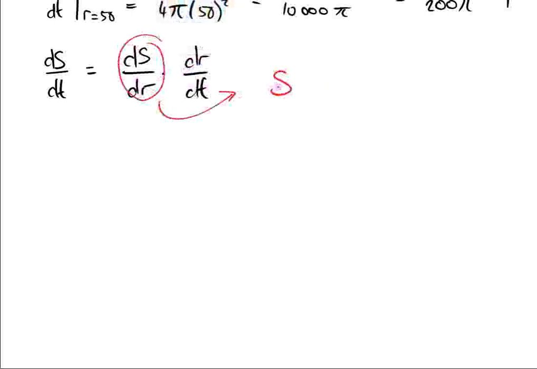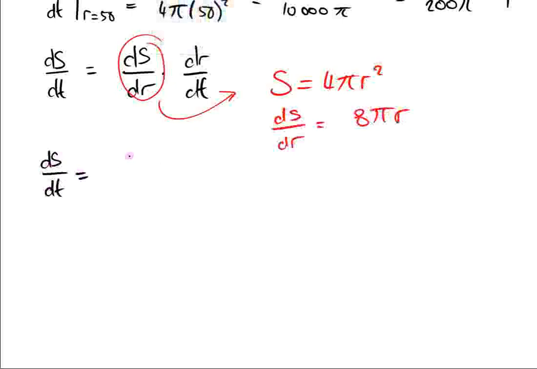So, what is the rate of change of the surface area with respect to the radius? Well, we know the surface area for a sphere is 4 pi r squared, so the rate of change of the surface area with respect to the radius is going to be 8 pi r. So, what do I get? That means dS by dt is equal to 8 pi r times dr by dt.